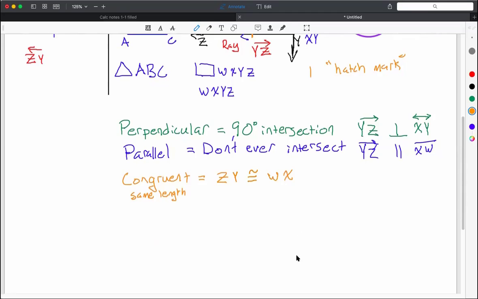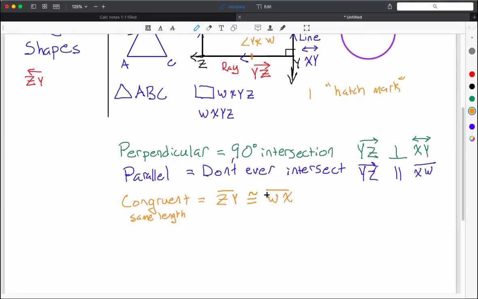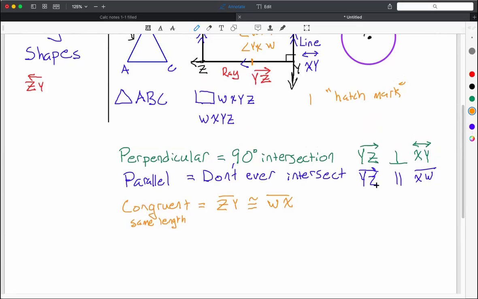Kira has a question. Yeah. So earlier you said the line ZY, like what you just wrote down here. You wrote it earlier as YZ with an arrow pointing the other way. Yes. So before I was talking about a ray, and now I'm talking about just a line segment.